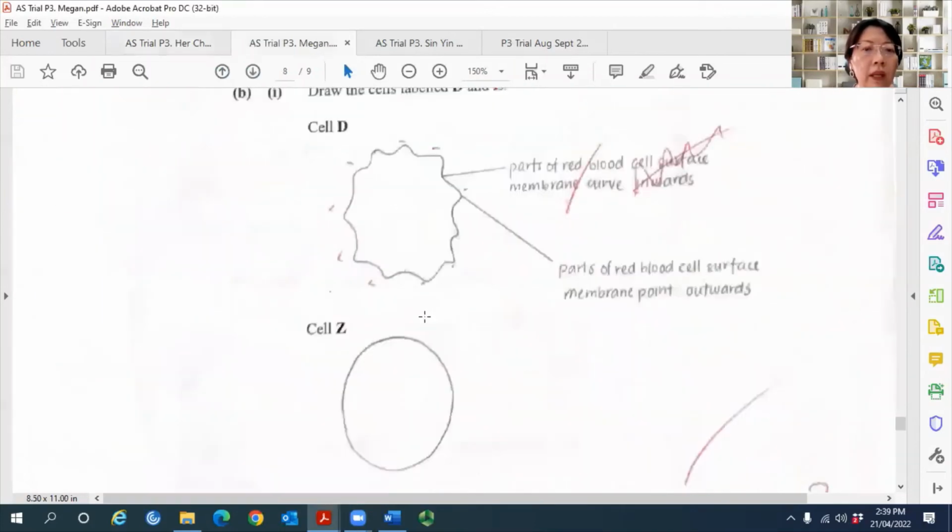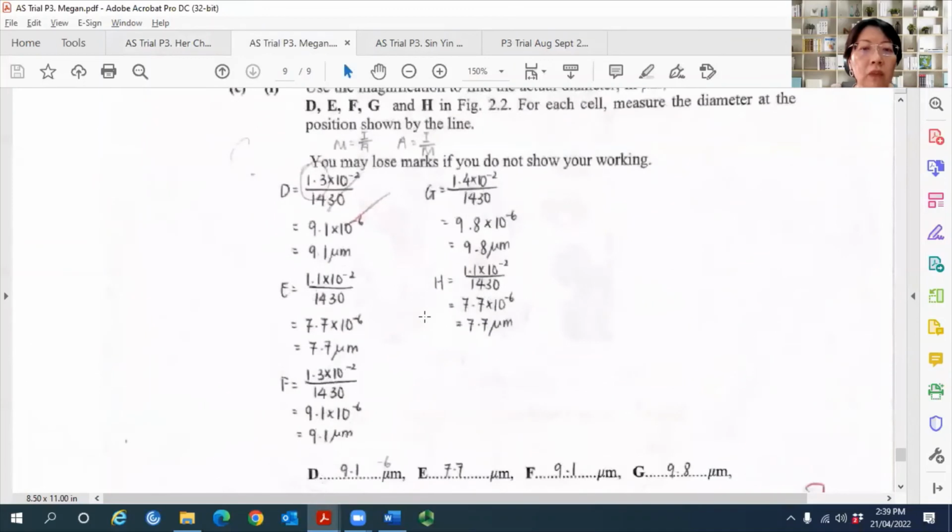So what about Megan? Megan also indicates clearly every cell. What is the measurement, and then divide by 1430, and then conversion. Because she measured in cm, for conversion she times 10 to the power of minus 2, which is wrong. How come then the answer is correct? 1.3 cm.